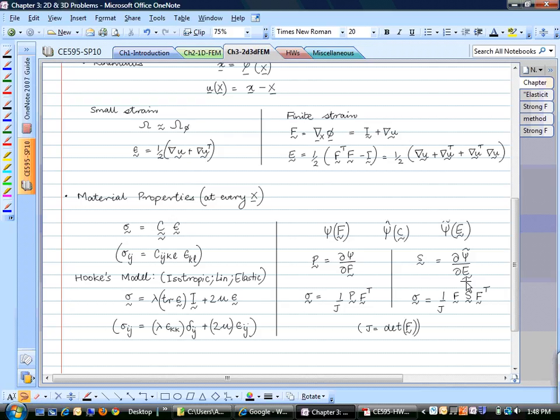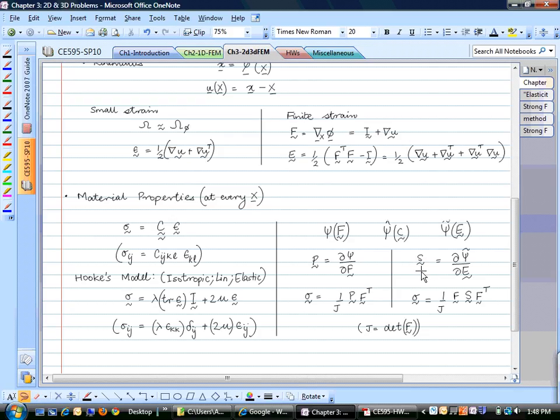So I'll show you that towards the end of this chapter. But the second Piola-Kirchhoff stress tensor is actually work conjugate to E. This is the E that you had for Green-Lagrange strain. So in finite deformation, if you are working with Green-Lagrange strain, the stress measure that you should be using is the second Piola-Kirchhoff stress.